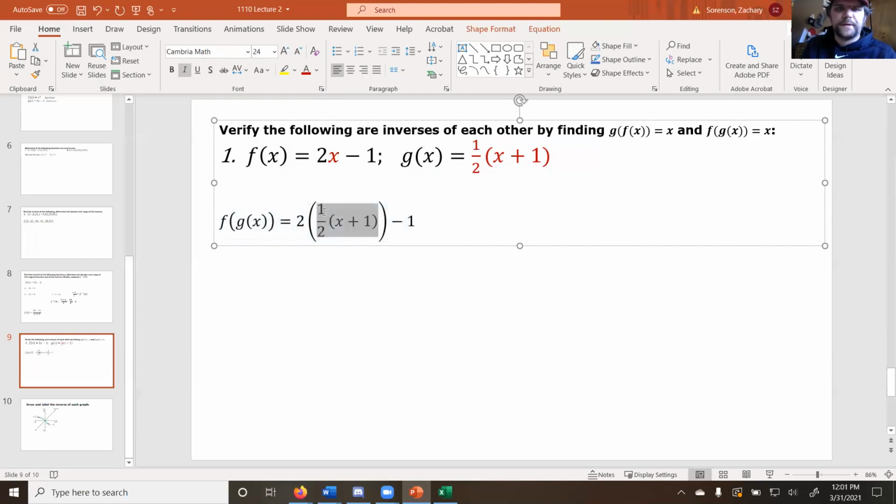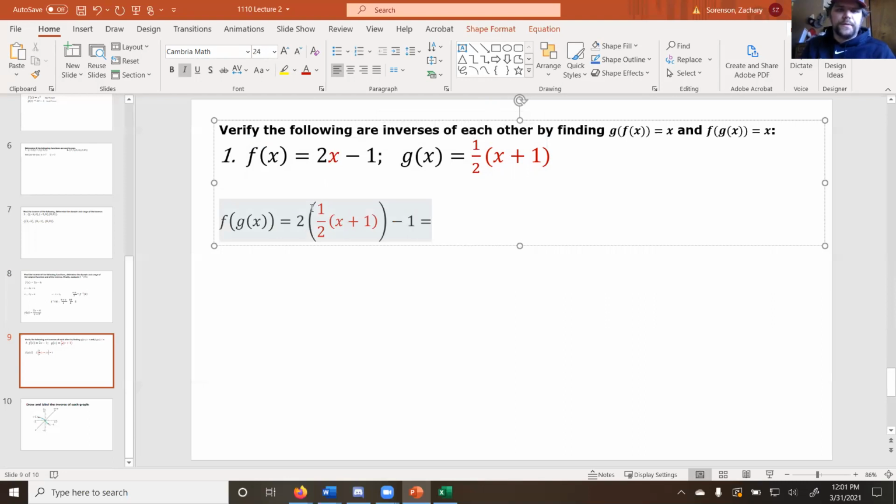This is my g of x here. Alternative option, you could take the f of x, this guy, and plug it into the x in your g. Either one works. Honestly, that probably is a little simpler than what I did, but my direction's really not that difficult either.